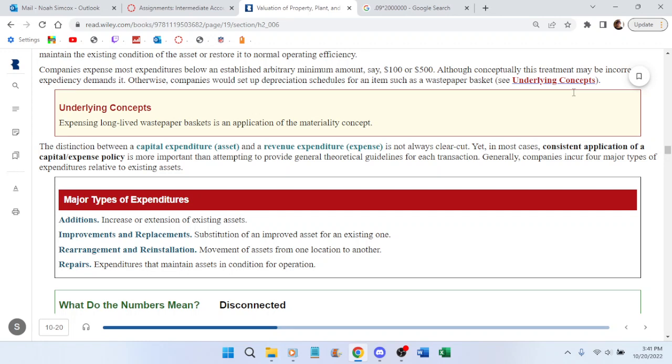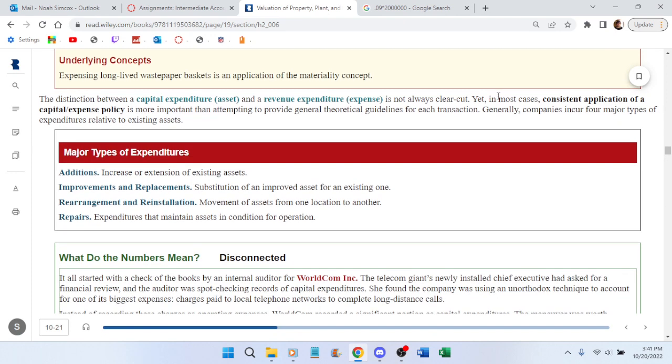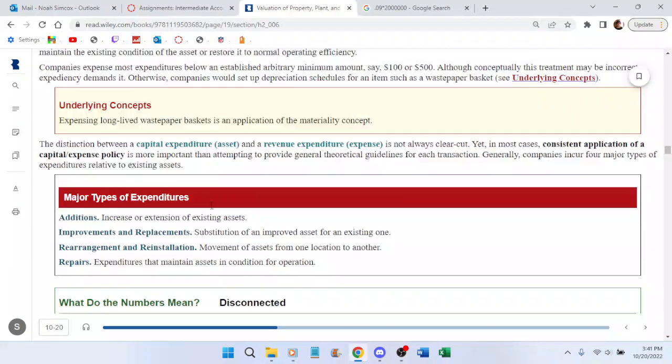Additions, increase or extension of existing asset; improvements and replacements, substitution of an improved asset for an existing one; rearrangement and reinstallation, movement of asset from one location to another; repair, expenditure that maintains asset in condition for operation. But apparently they say repairs should be expensed.